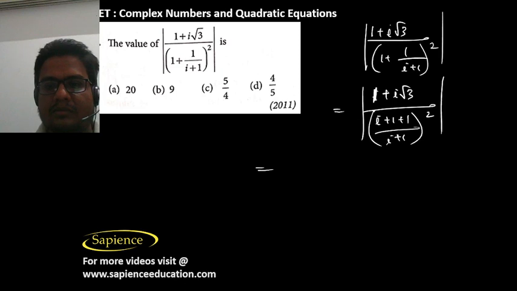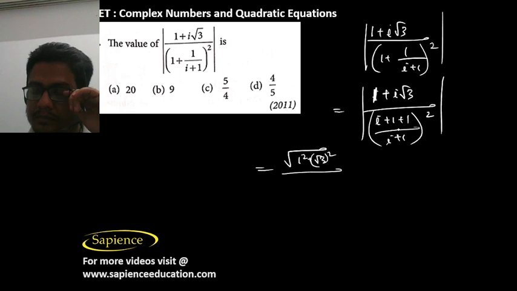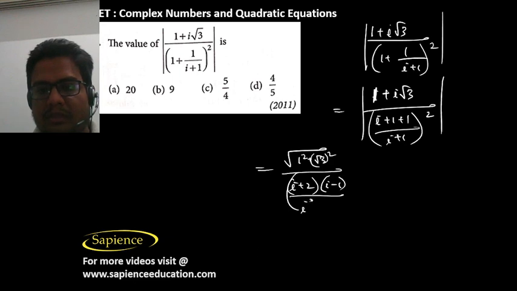Mod of that. So this will be the mod of 1 plus i root 3, that is square root of 1 square plus root 3 whole square, divided by the square of this. So this we can write as (i plus 2) into (i plus i minus 1) into (i square minus 1) whole square, mod of that.